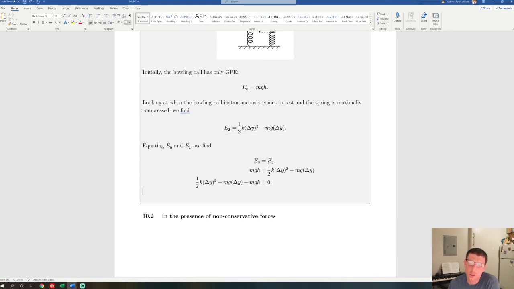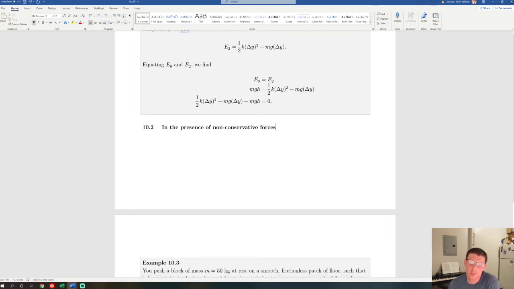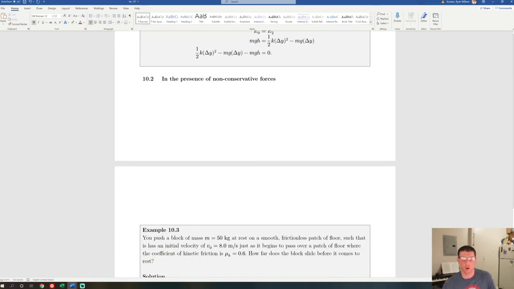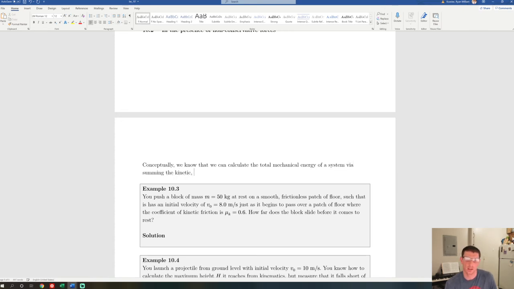Now we want to talk about what conservation of energy looks like in the presence of non-conservative forces that are doing work in the system. So I'm just going to put a bunch of words down, and what I want to say is that conceptually we know that we can calculate the total mechanical energy of a system by summing the kinetic, gravitational potential, and elastic potential energies, right?